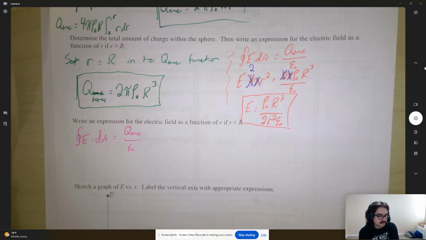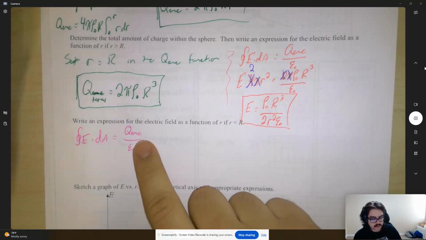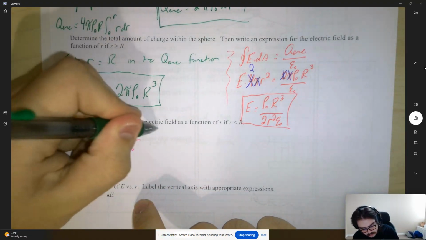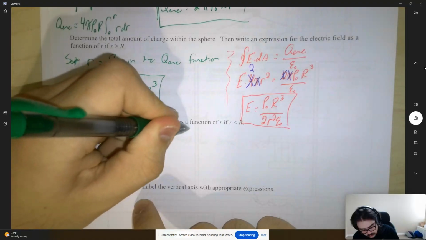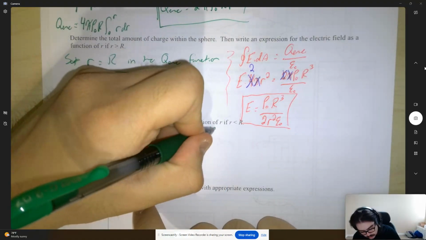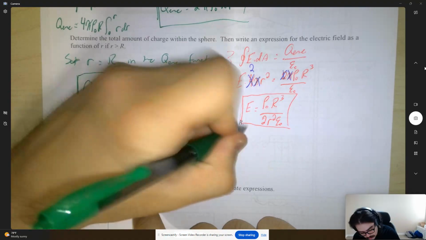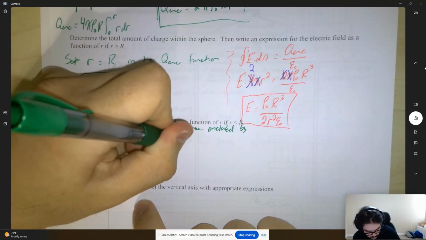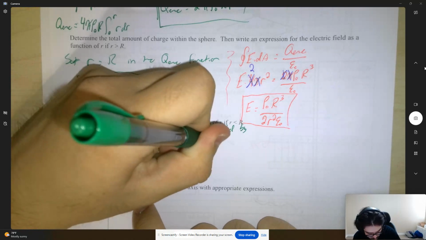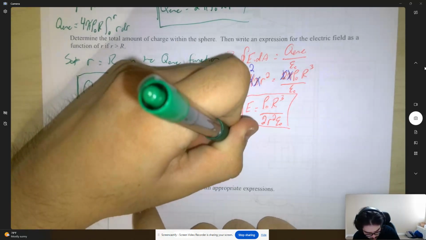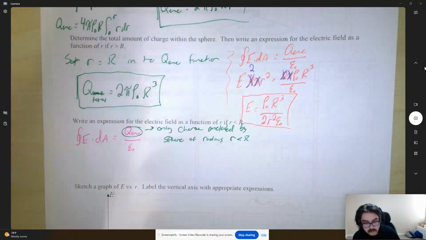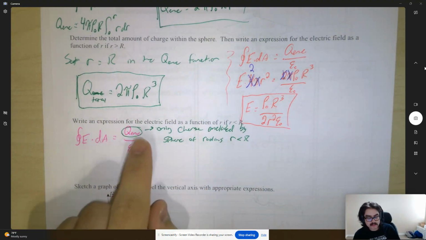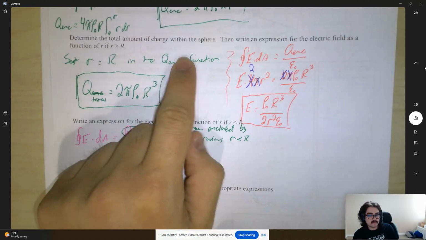This needs to be only the charge enclosed by the sphere of radius little r such that it's less than big R. So we don't want the whole charge, and that's going to be the enclosed charge that we solved at the very beginning.